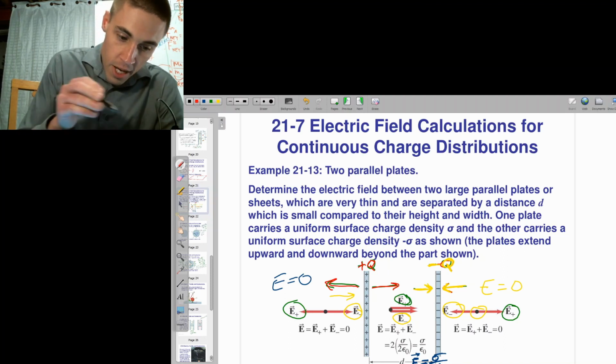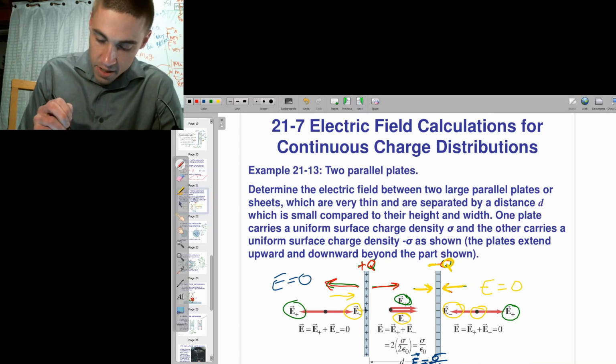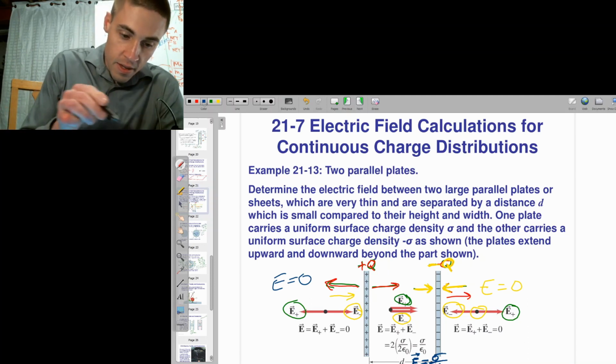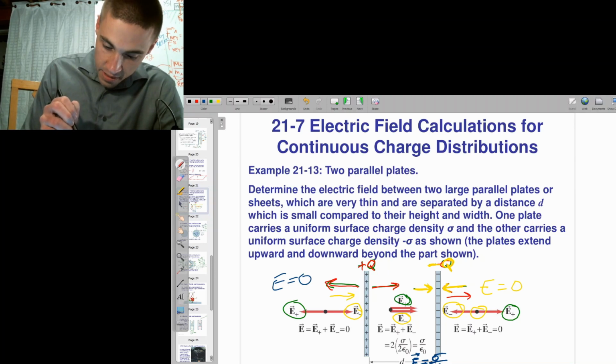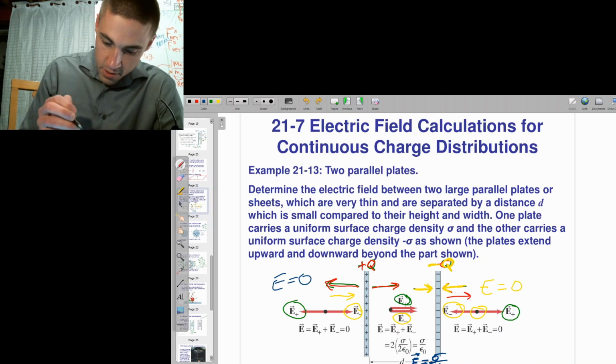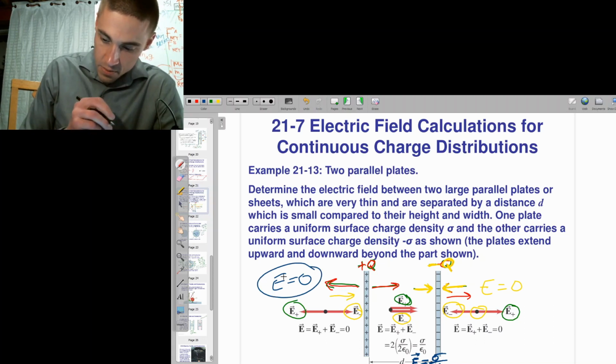And the red, the positive plate here, sources an electric field over here that's in this direction as well. And the net result is that we have an electric field that cancels here, right? If you take this left pointing arrow and this right pointing arrow and add them together, you will have 0. So the electric field is 0 in this regime here.